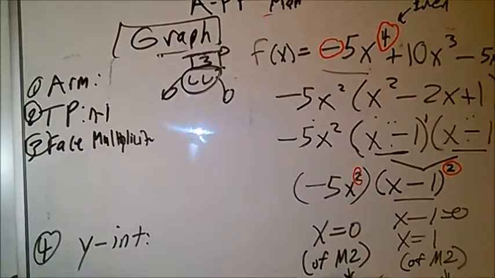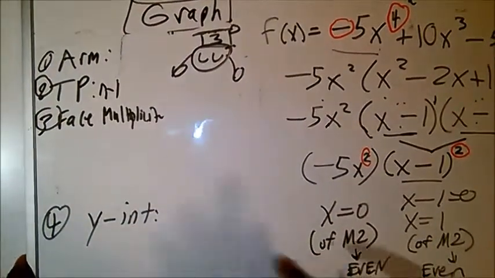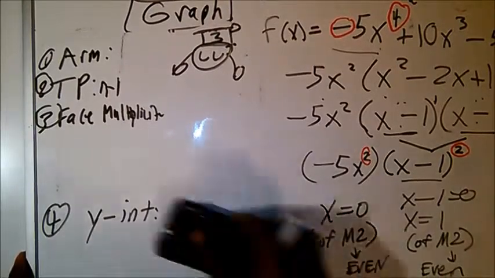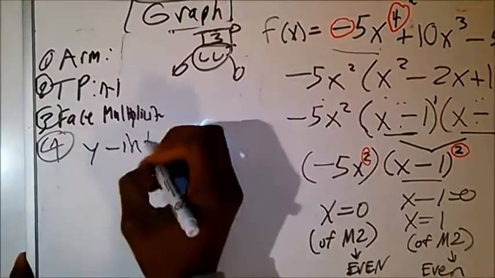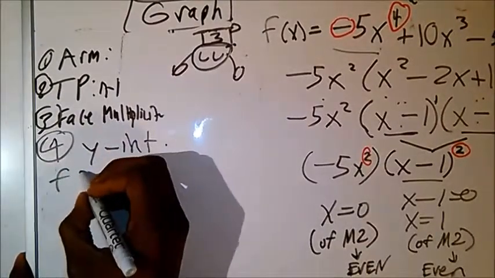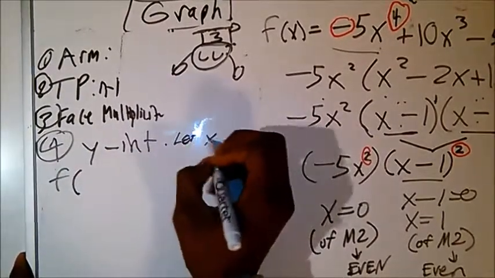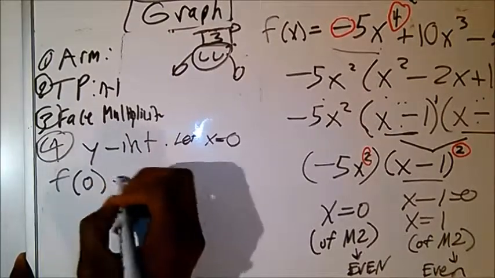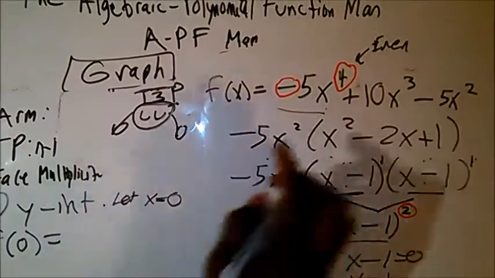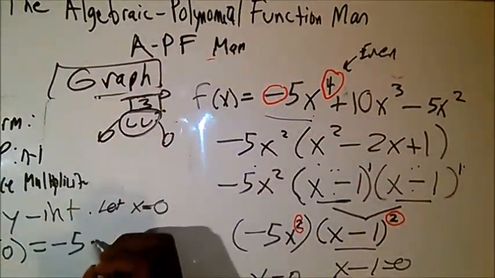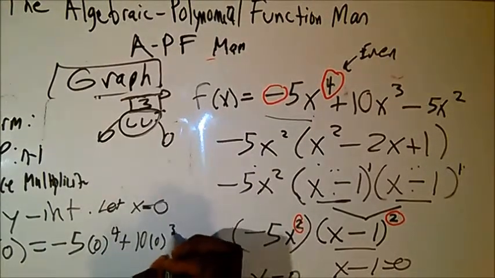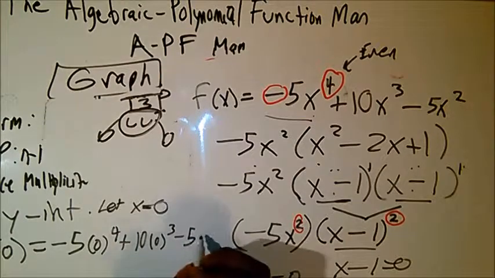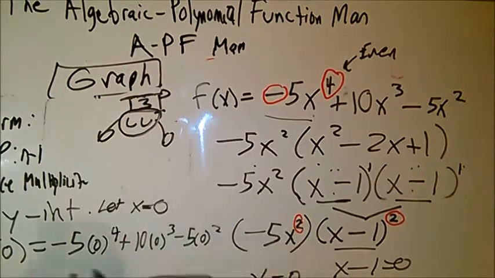The next thing we want to find out is the y-intercept. Step 4, y-intercept. We're going to let x equal 0. f of 0 is equal to negative 5 times 0 to the 4th power, plus 10 times 0 to the 3rd power, minus 5 times 0 to the 2nd power.